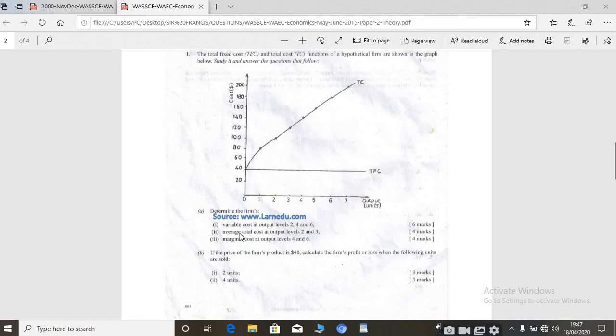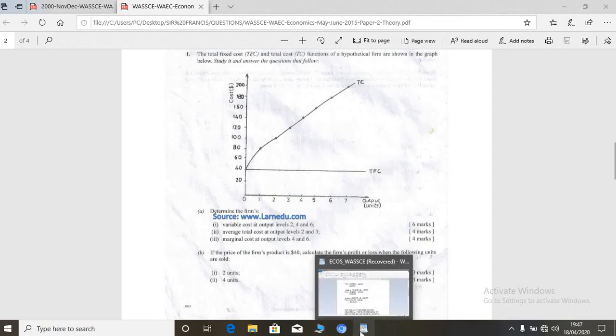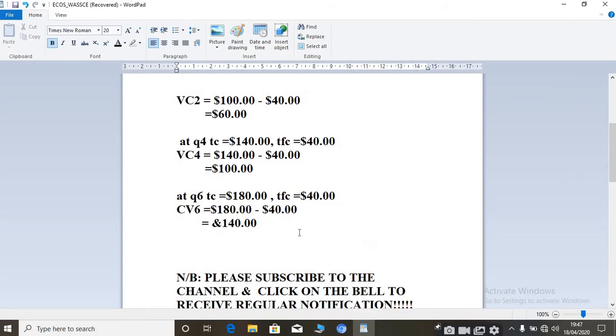The question is saying that we should find the average total cost. You've been given the total cost and the total fixed cost, but you don't have the average cost. With the help of some formulas, we'll be able to get the figure from this. So let's turn to our solution board and see what we can do.